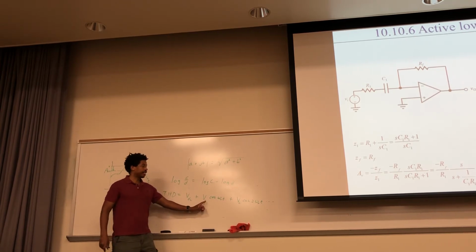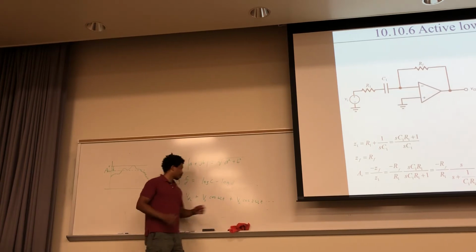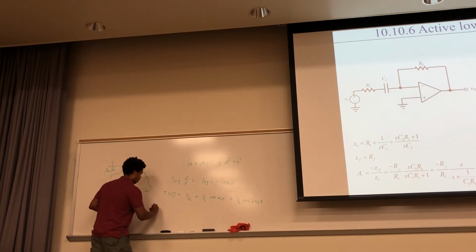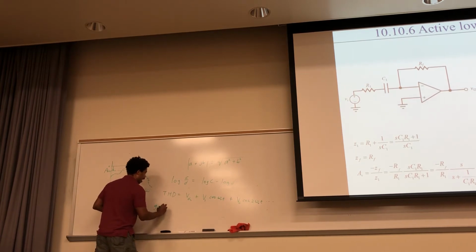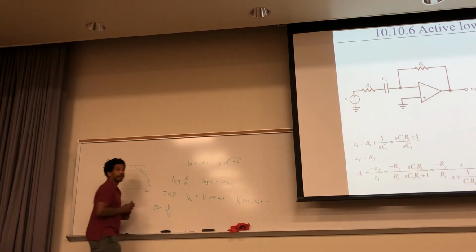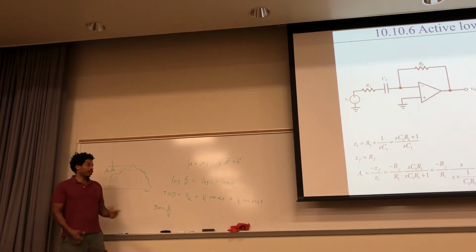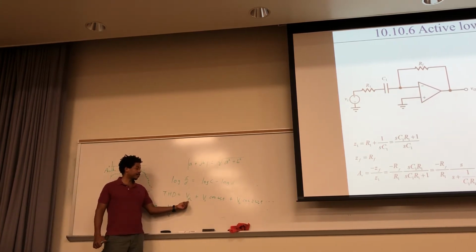So the gain you want to look at is this one, because that's the one you're most interested in. These are other voltages, and they may be quite large, but you're not really interested in those. When you're looking at the gain, it's going to be the output one you're looking at divided by whatever your input one was. So it's just this one right there. You really don't look at this too much.